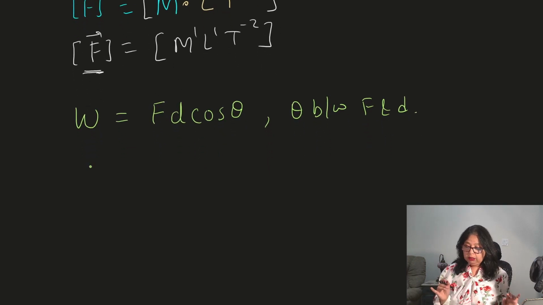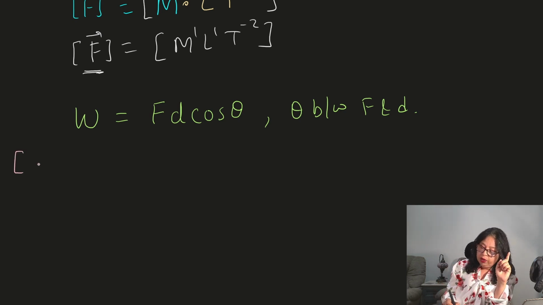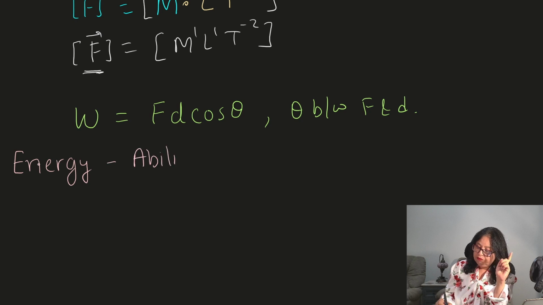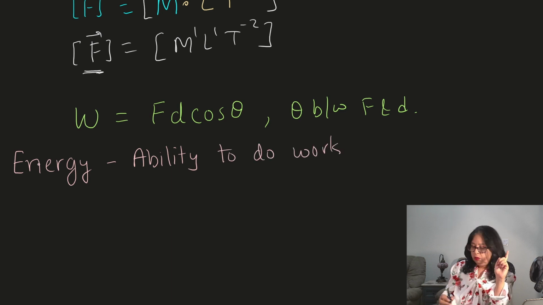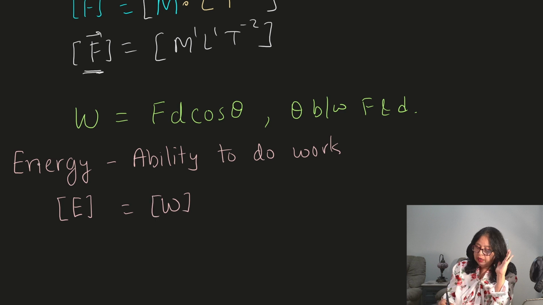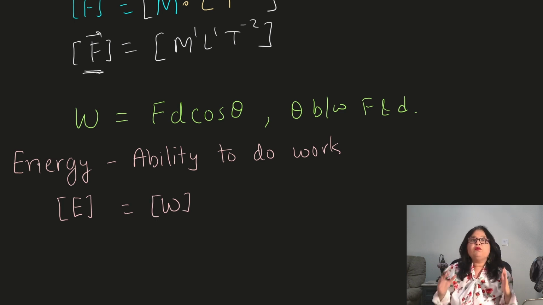But before I work out the dimensional formula for work, I want to introduce one more physical quantity, energy. It is defined as the ability to perform work, to do work. In terms of the units and dimensional formula, it turns out that energy and work have the same dimensional formula and therefore the same units.